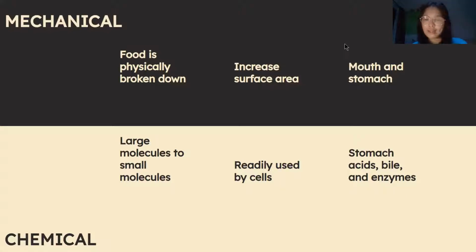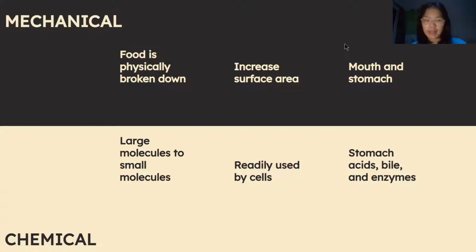So why do we need chemical digestion after we've done the mechanical digestion? Well, as I said before, the chunks of food aren't readily used by cells. We need to break them down into smaller molecules through these processes so that the cells can actually use them.